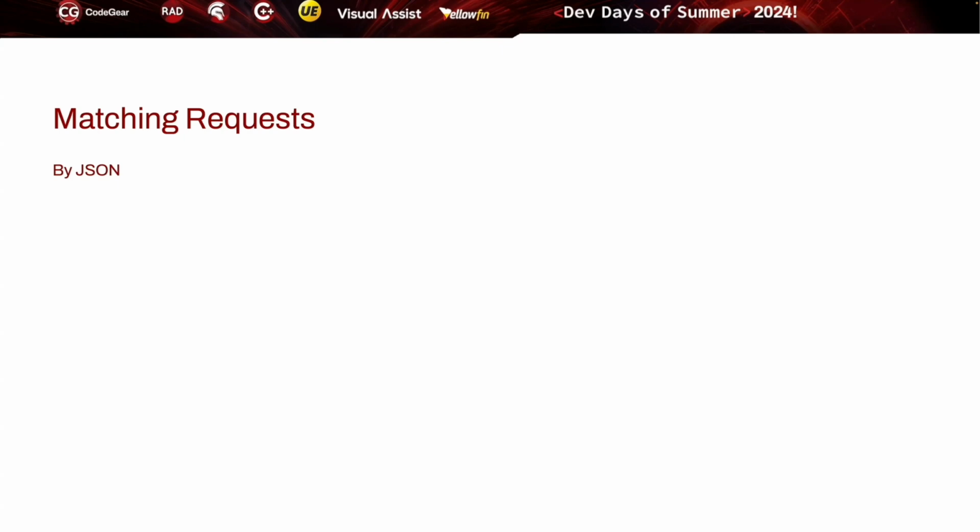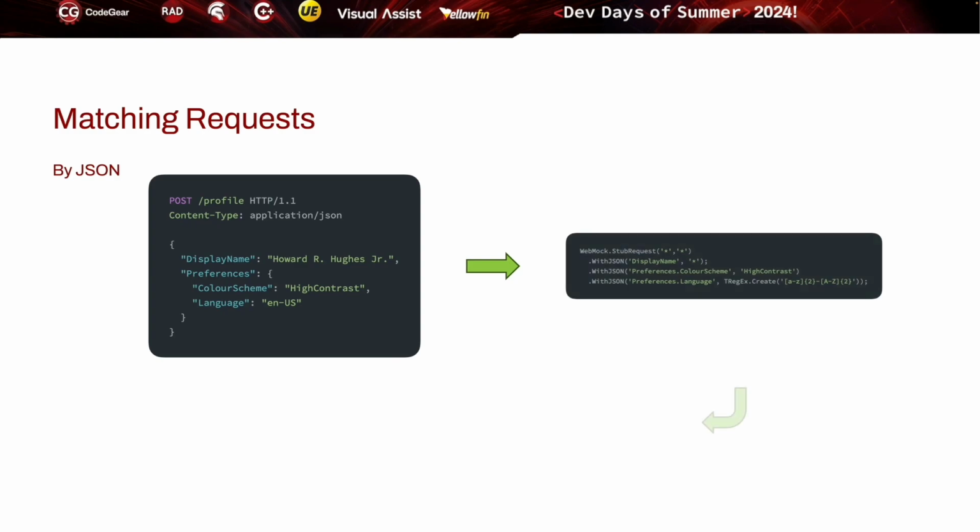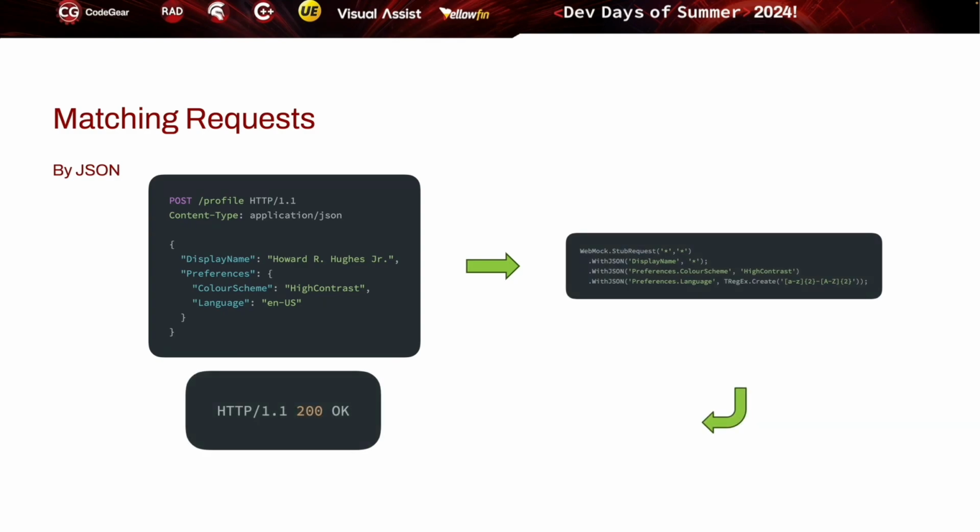And then we can do the same thing with JSON. So we've got this JSON payload here, it comes in, and we can say we're going to stub this request with JSON where display name should be *. So we're wildcard matching the display name. We must have a display name, but we don't care what the actual value is. And notice here we're using JSON path.